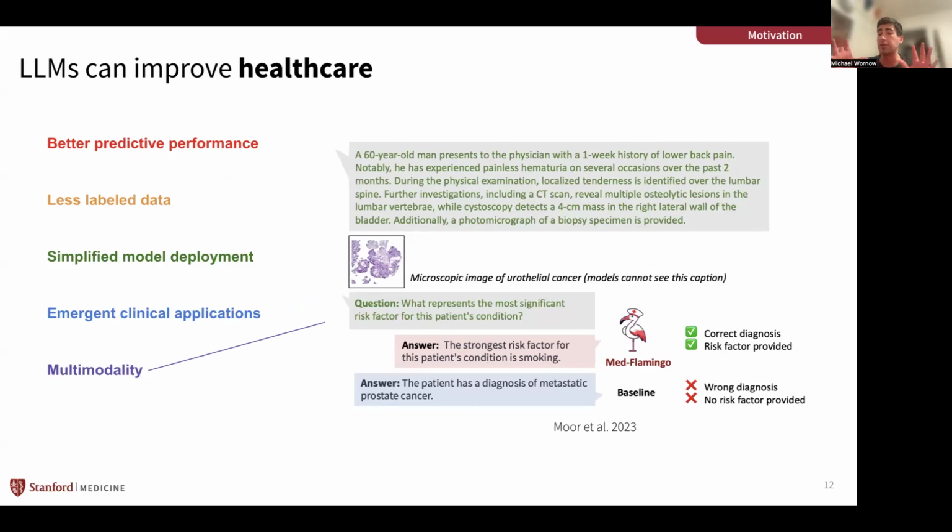There are a lot of different modalities of data that a doctor would consider when making a diagnosis or a decision. And so our models probably would benefit from being able to reason over that data in the same way that a human would. This was a really cool paper called MedFlamingo that was published last year, where they basically did just that. They attached a vision model to a large language model, and they were able to have it reason over both text and imaging to make a response.